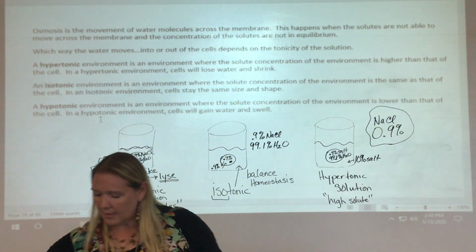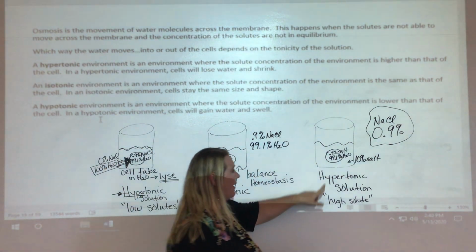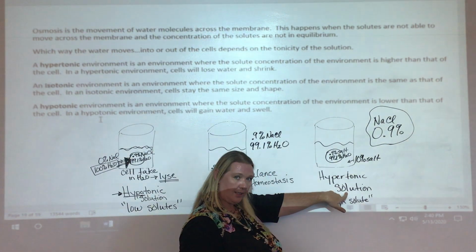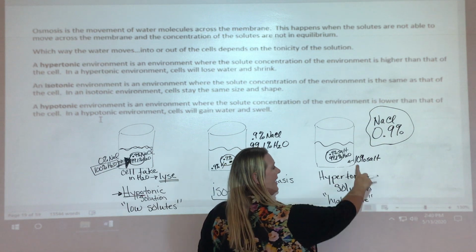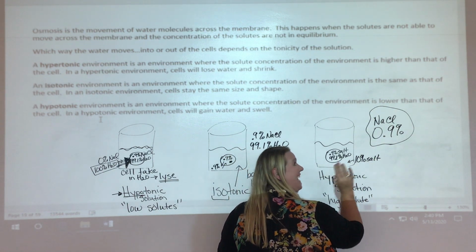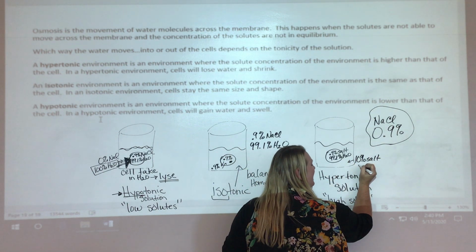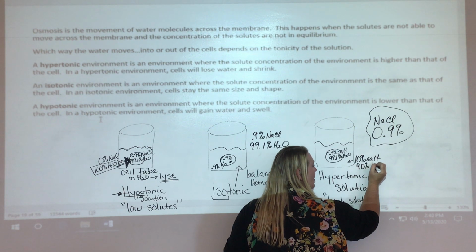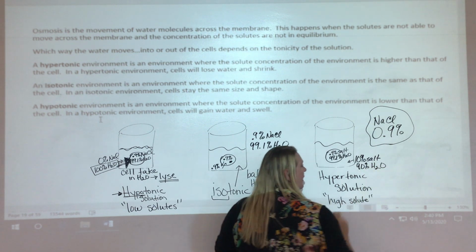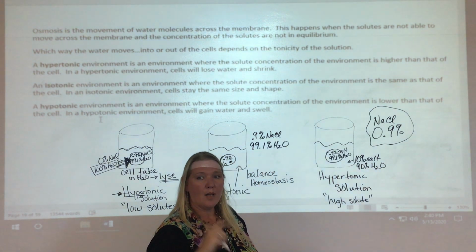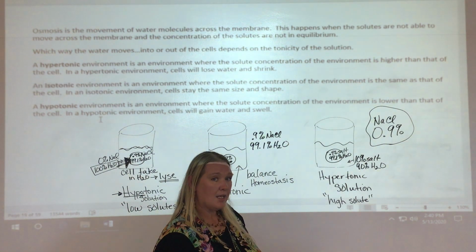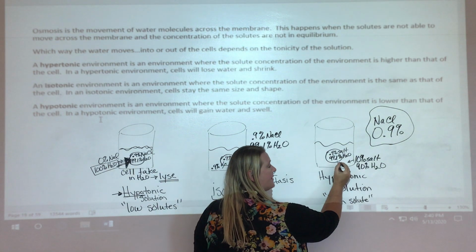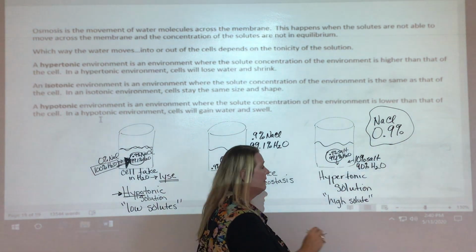So higher amount of solutes on the outside in the solution, outside of that cell, the outside environment. So if it had 10% salt, then it's going to have 90% water. Osmosis. Water is going to move from high concentration of water to a low concentration of water across a membrane.